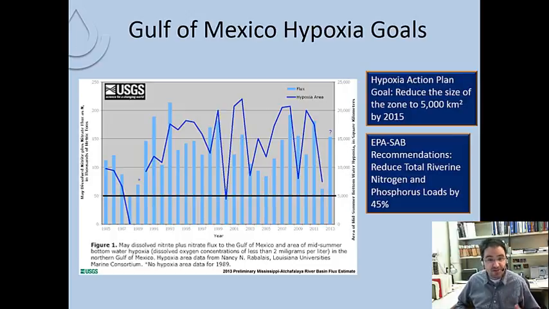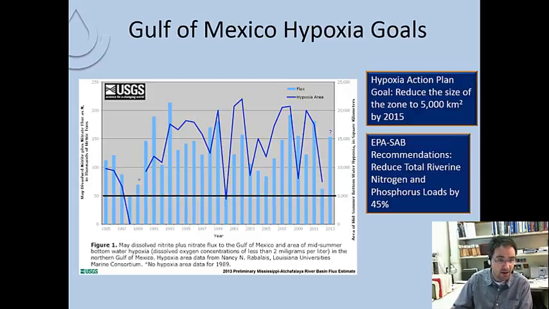So for all the states in the Mississippi River Basin, the recommendations are to reduce nitrogen and phosphorus loadings down the river by 45%. We'll talk a little bit more about that, but that's certainly a goal that is out there, a fairly large goal, but something we need to recognize.